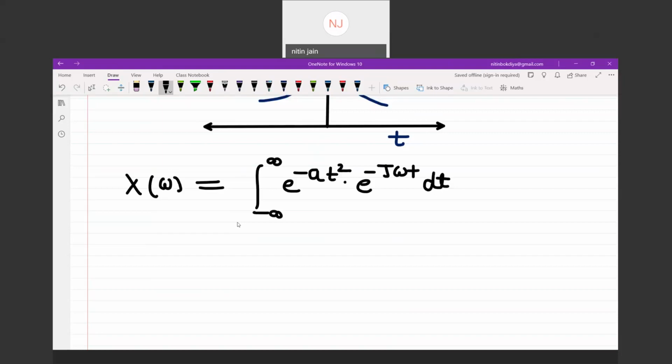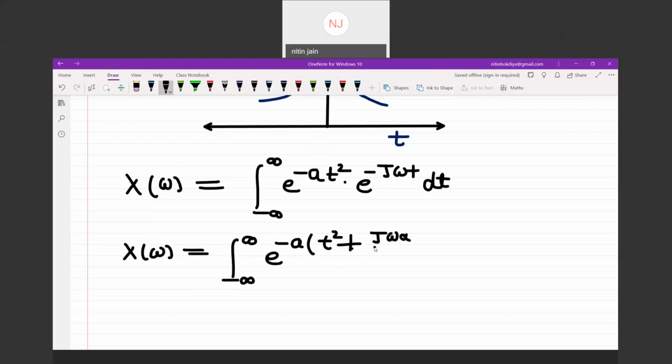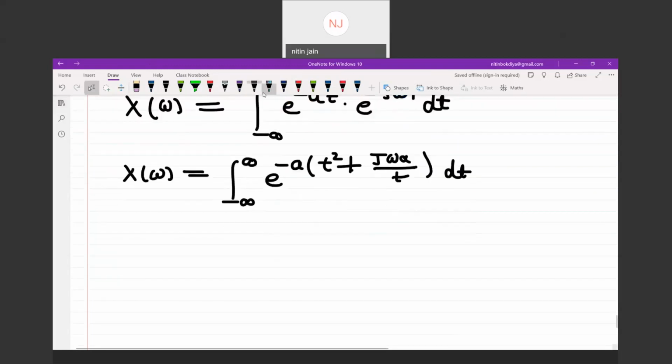Now we can write X of omega as the integral from minus infinity to infinity of e to the power minus a times (t square plus j omega t by a) dt. Now I can make this into a perfect square because I want to use this property.